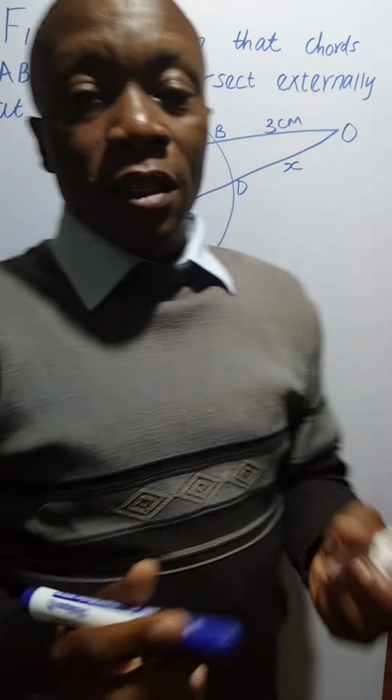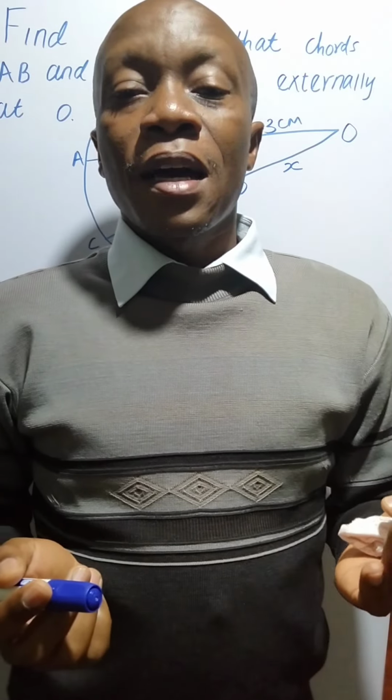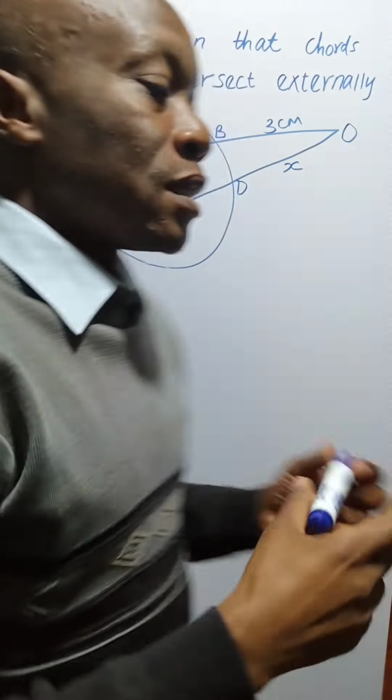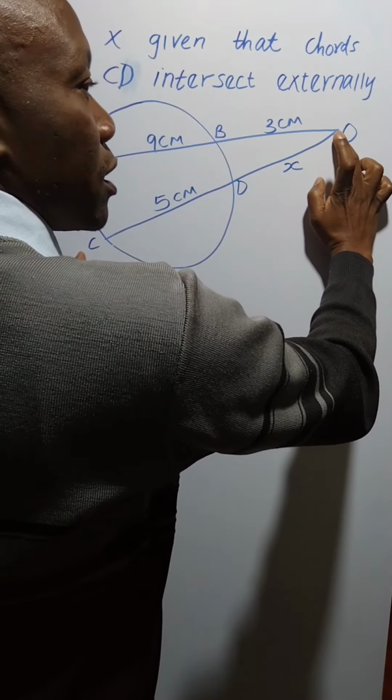So the rule here is get the products of the lines and equate them. So we shall take the product of these two lines, equate them with the product of these two lines.